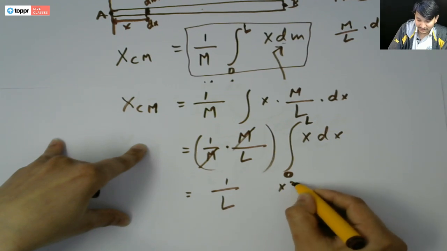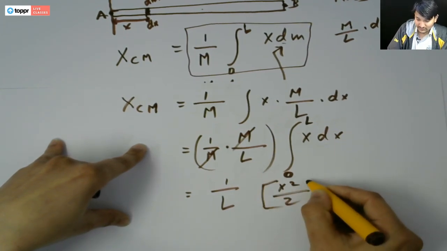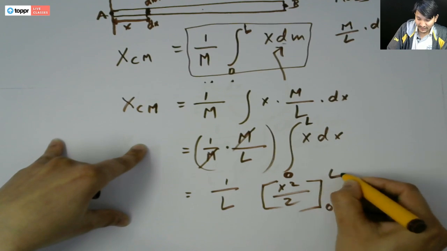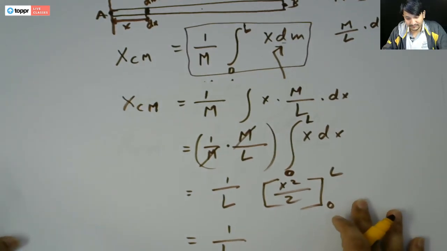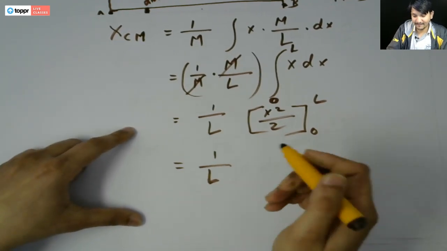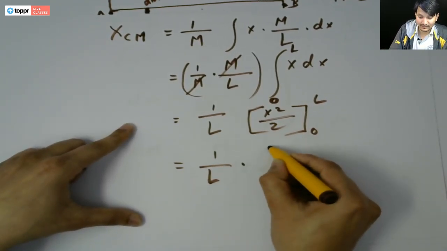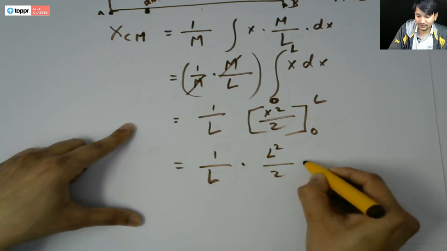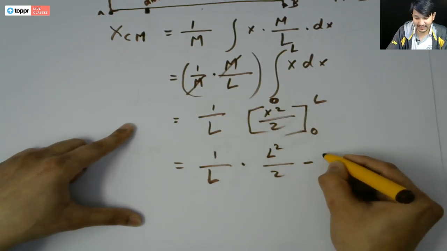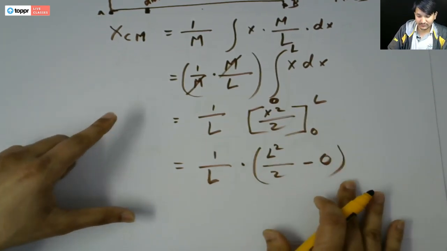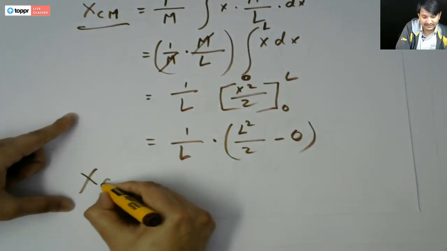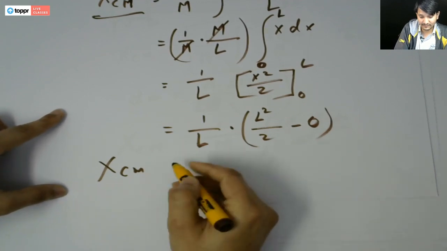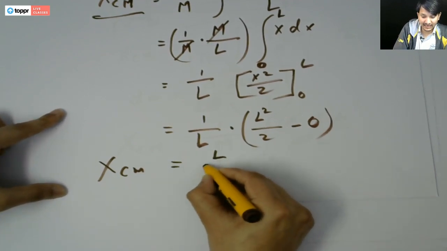So x square by 2, with limits 0 to L, and we get 1 by L into L square by 2 minus 0 square by 2, that's 0, and that gives our center of mass xcm equals L by 2.